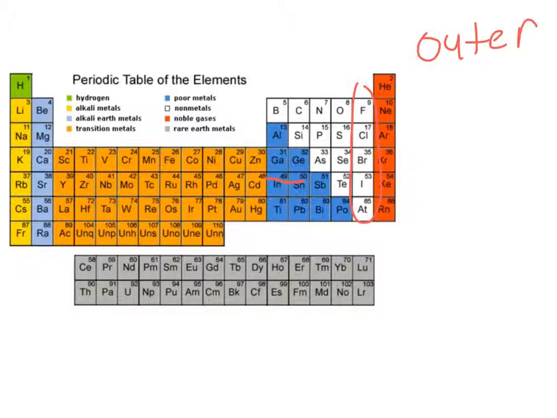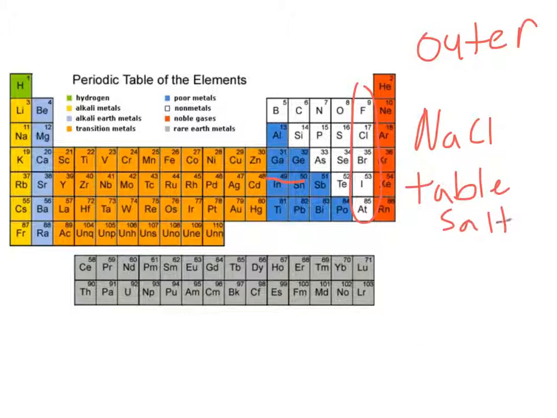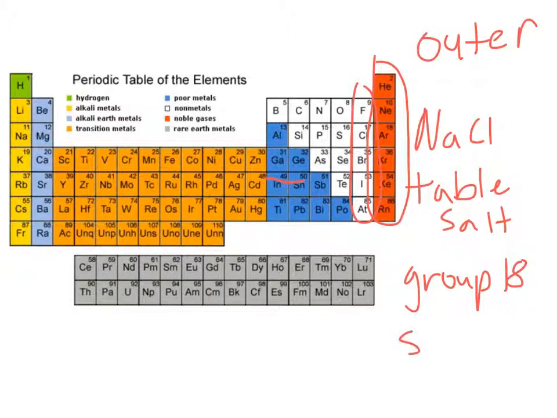An example of this would be NaCl, or commonly known as table salt. Not all elements will combine with others. Elements in group 18, that's group 18, have full energy levels, so they will be stable.